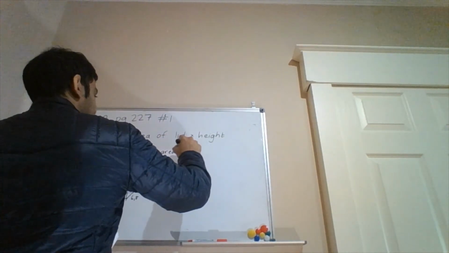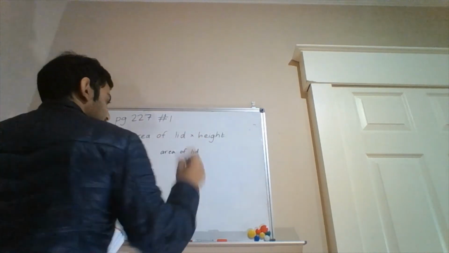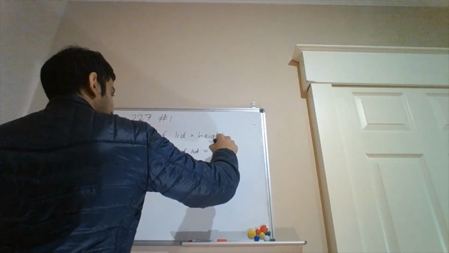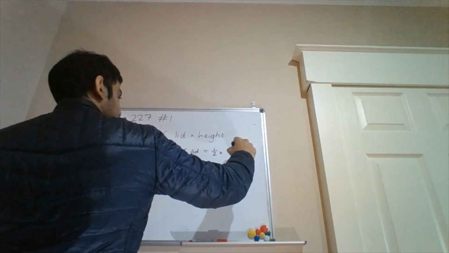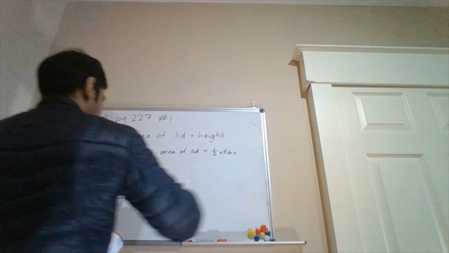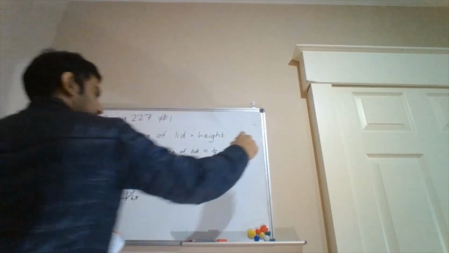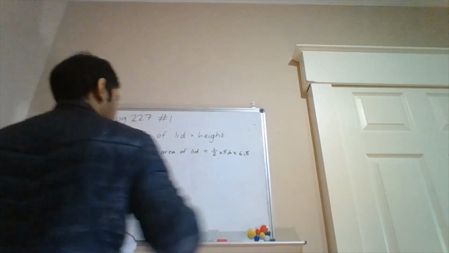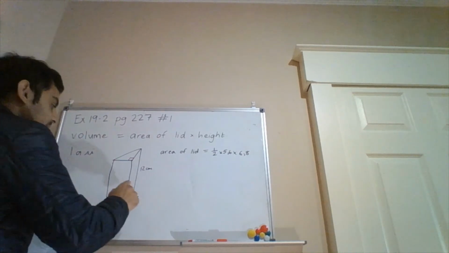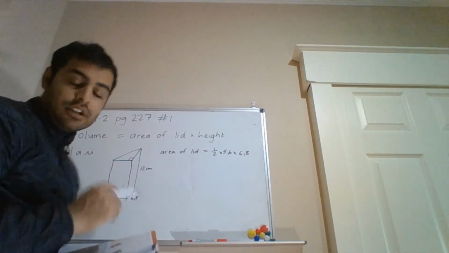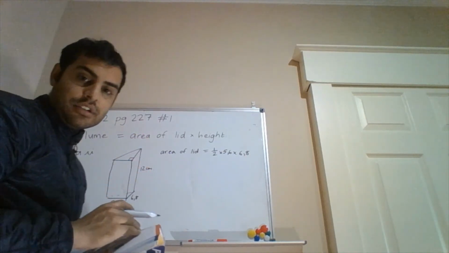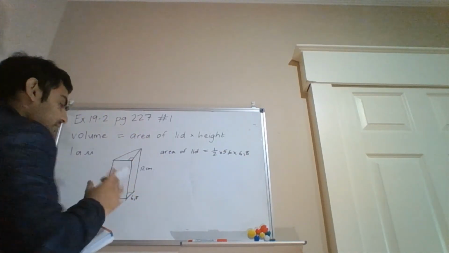So area of lid. Don't forget our formula for triangles. It's a half times base times height. The value of our base is 5.6 and our height is 6.8. Now I'm working out the area of the lid, so that's the base and that's the height of this triangle. Don't get confused and use this as the height, because the height relates to two different things.